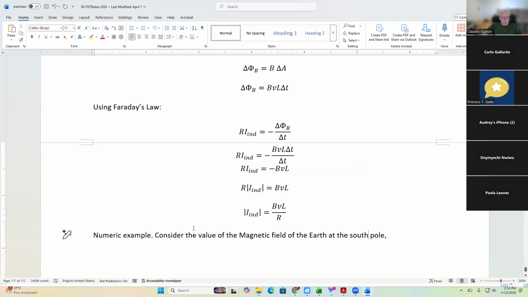Okay, a practical numerical example, right?